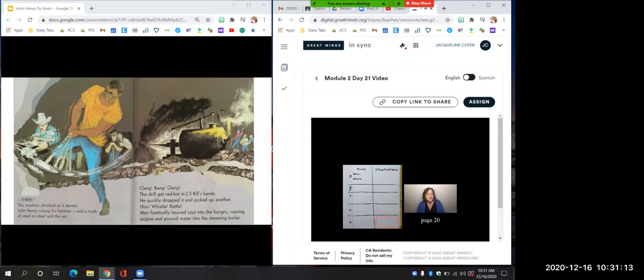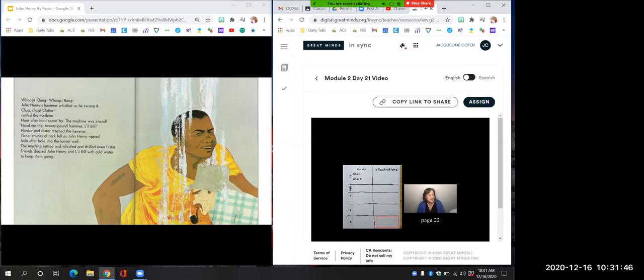The machine shrieked as it started. John Henry swung his hammer, and a crash of steel on steel split the air. Clang, bang, clang. The drill got red hot in little Bill's hands. He quickly dropped it and picked up another. Hiss, whistle, rattle. Men frantically heaved coal into the hungry, roaring engine and poured water into the steaming boiler. Whoop, clang, whoop, blang.